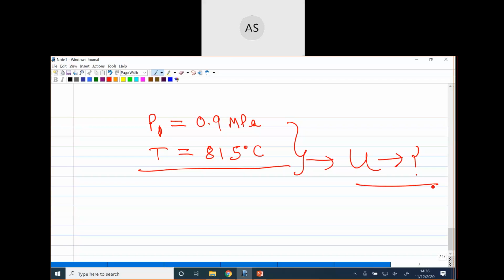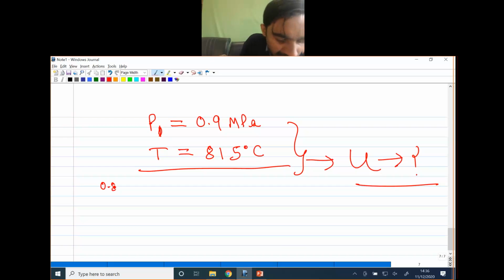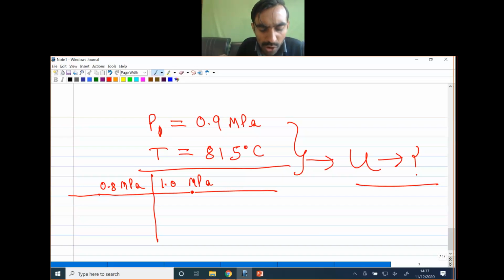So first, we will be finding the properties corresponding to 0.8, because 0.8 and 1 megapascal are the entries available in our tables. So first I will calculate the values of all the properties corresponding to 0.8 megapascals and then corresponding to 1 megapascal.